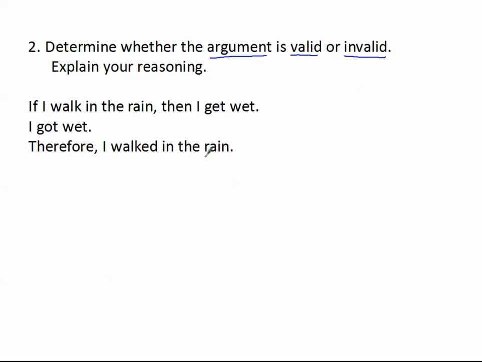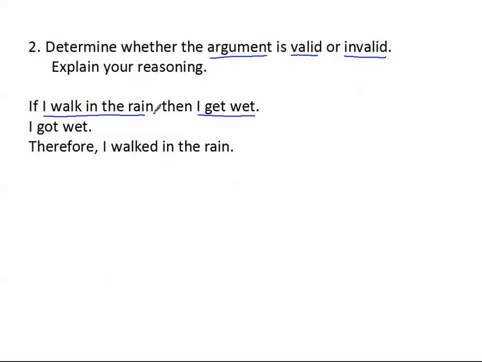Therefore, I walked in the rain. So notice how the argument began. If I walk in the rain, then I get wet. The argument began with walking in the rain. We need to assume that that part happens. Then the result will be we get wet. Well, I got wet. That's not starting with the beginning of the argument, I walk in the rain.